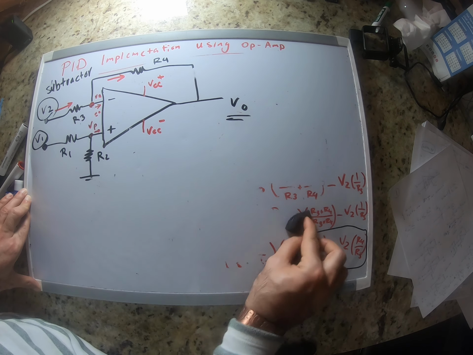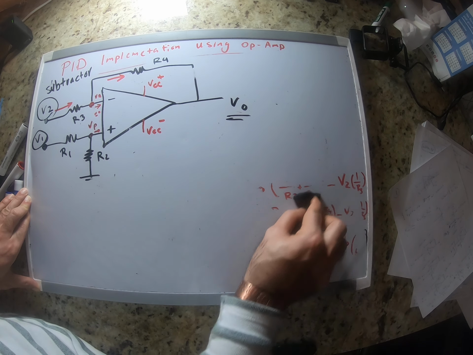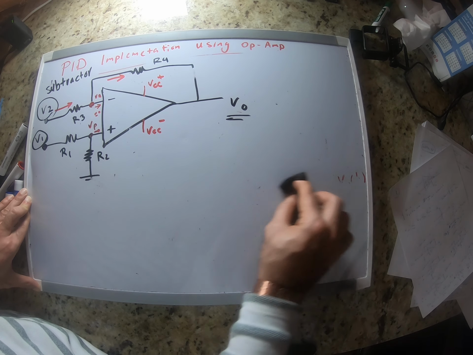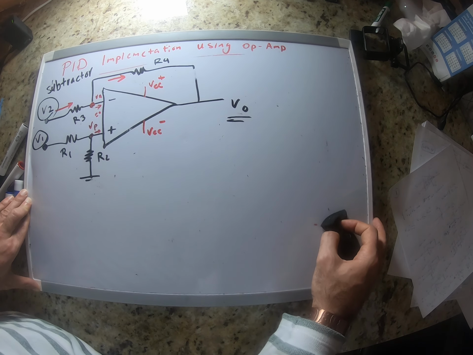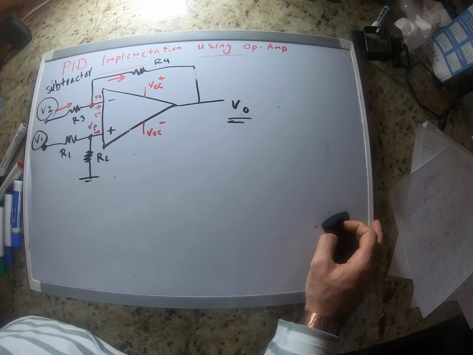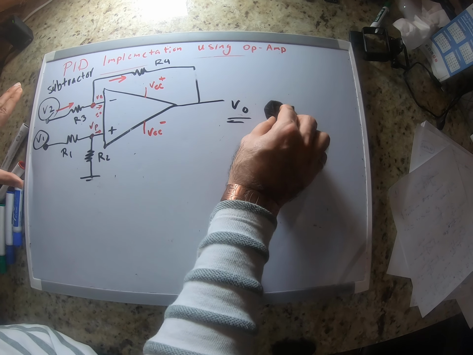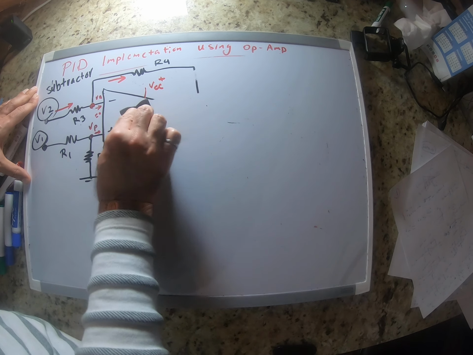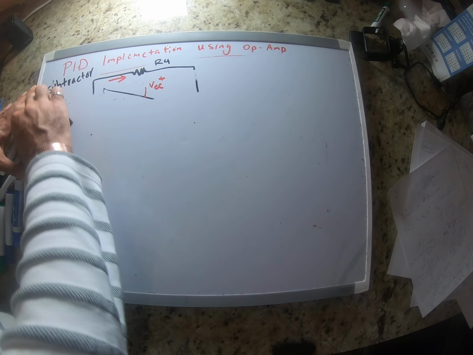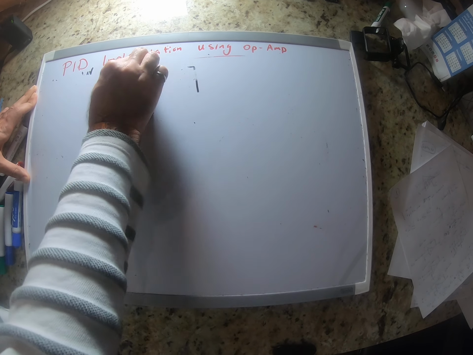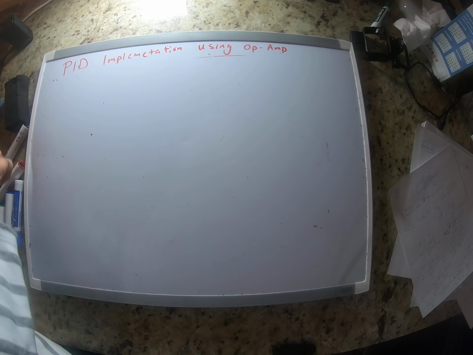Some people call it adder or summer, I'll call it adder. So you can use it to add two voltages, two signals, or to subtract signals. So let's see how we can use op-amp as an adder.